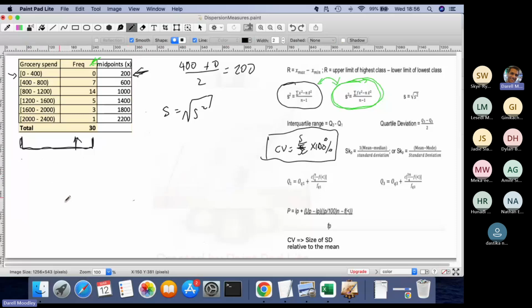Let's do the first quartile. For the first quartile, we're going to use this formula here. You don't need to memorize it. You just need to know how to use it. I'll write it out again a bit bigger.